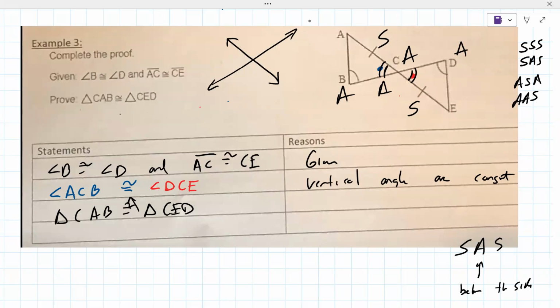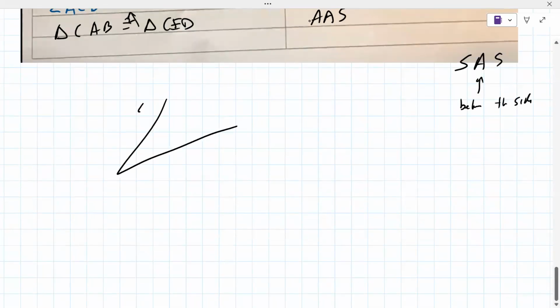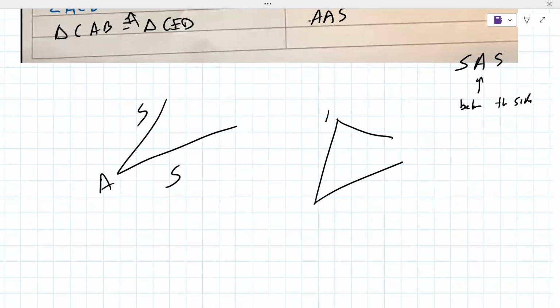So would it be angle side? Yes. Just to be clear: side angle side, side angle side; angle side angle, angle side angle. The angle has to be between the sides, and the side has to be between the angles.